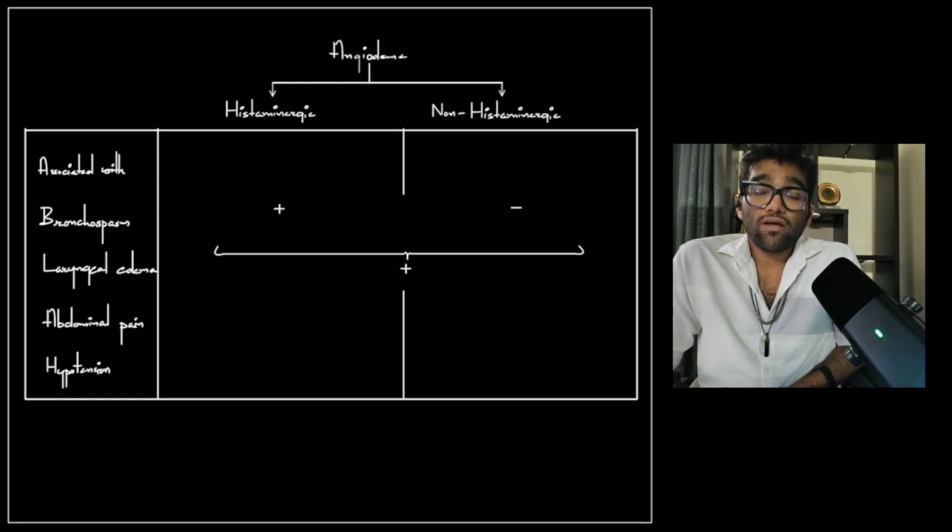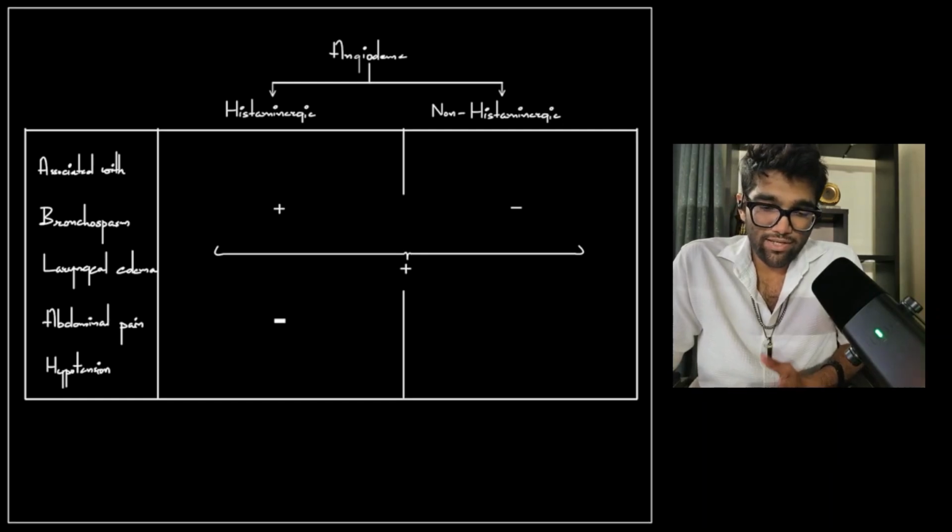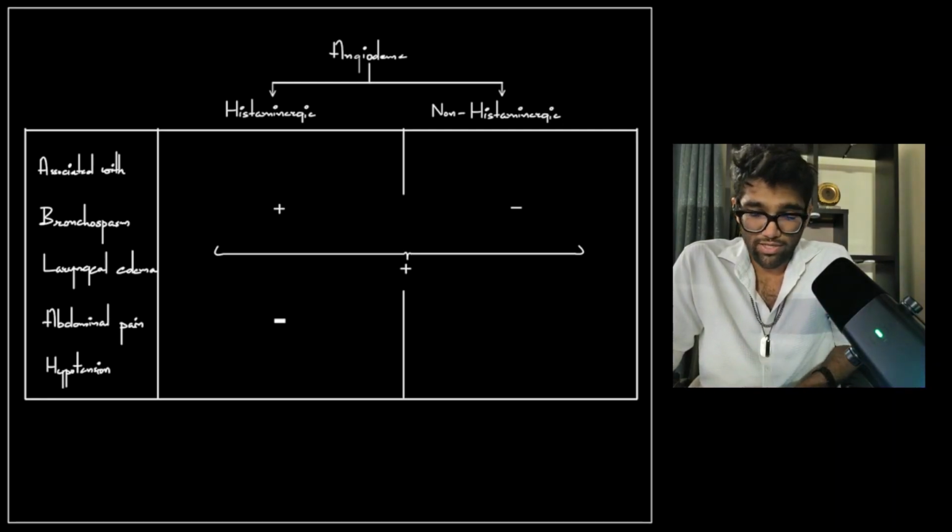Now, coming to abdominal pain, abdominal pain is not likely to occur in histaminergic angioedema, essentially because even though the GI tract is an epithelial lined surface, the threshold for immune activation in the GI tract is significantly higher, as I've discussed in a discussion on IBD or inflammatory bowel disease.